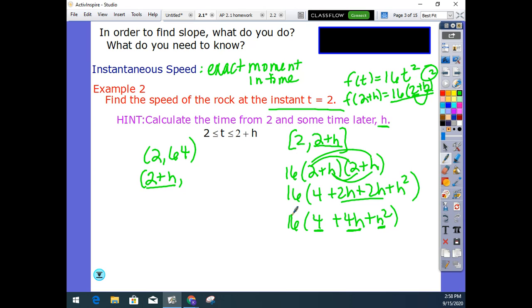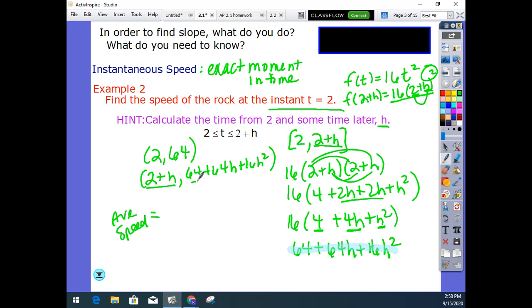Now I'm going to distribute the 16. So this whole thing is my y portion for this. All right, so now I'm going to calculate my average speed.